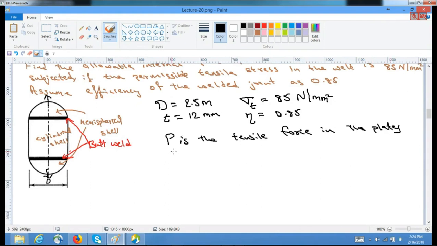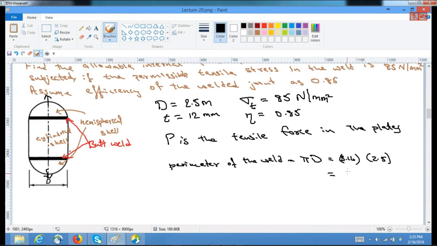Since it is cylindrical in nature, the circumference or the perimeter of the weld is equal to pi times d, that is 3.14 times 2.5 meters.